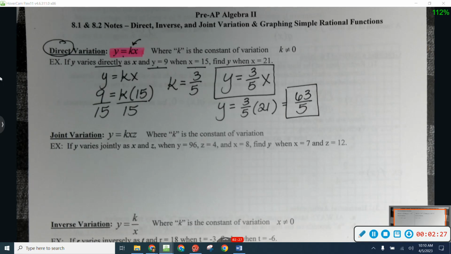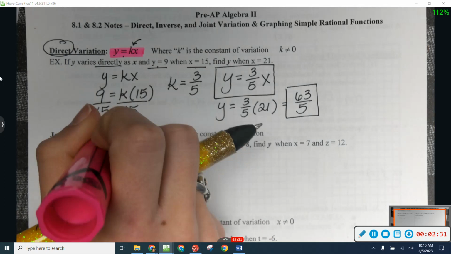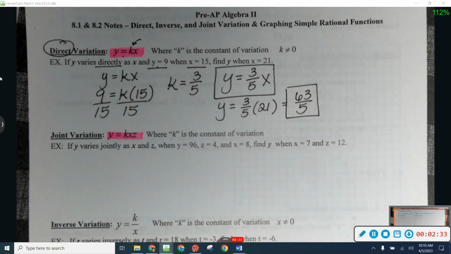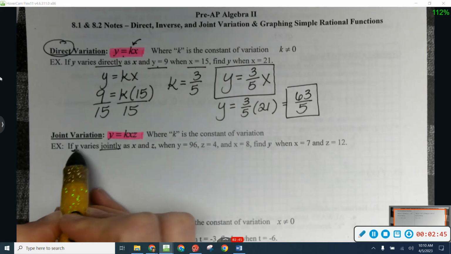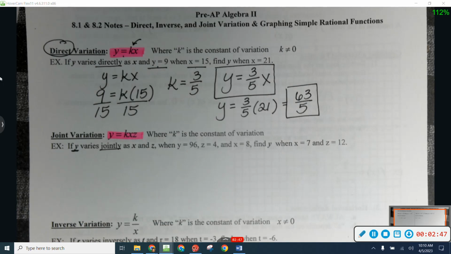Now, if we've got joint variation, this is where you've got y equals k times x times z. So now you've got 3 variables. K is still and always going to be your constant of variation. So if y varies jointly as x and z, whatever is varying with the others is going in the y spot. If I said a varies jointly with b and c, it would be a equals k times b times c.